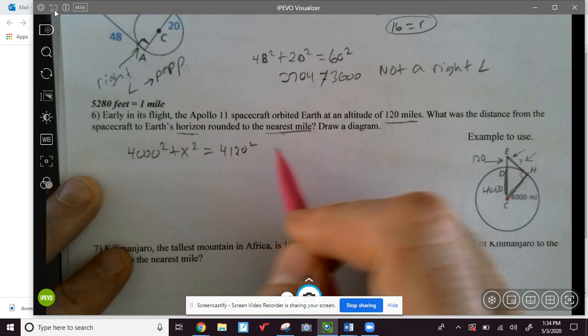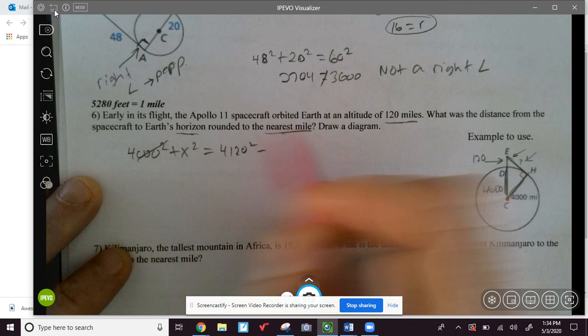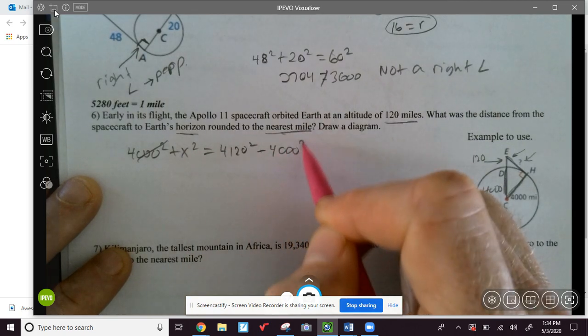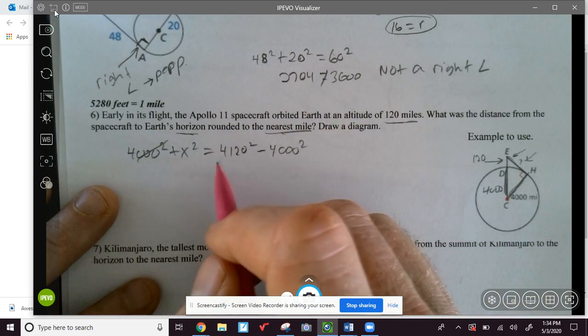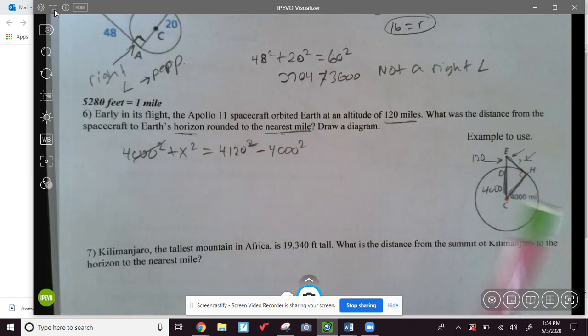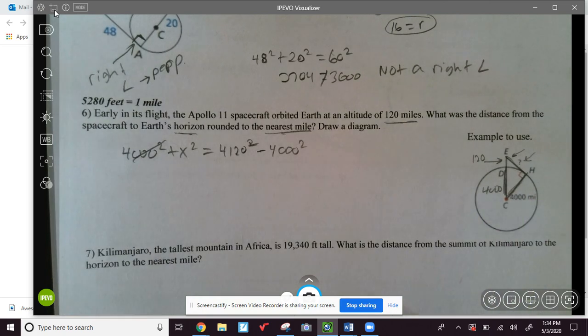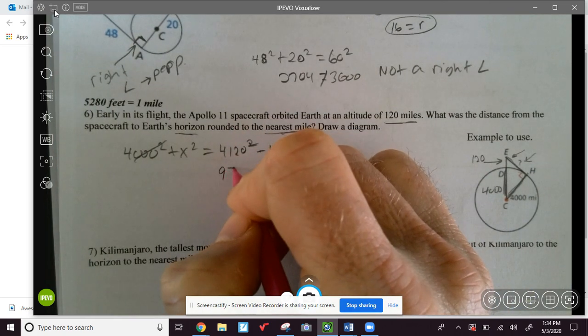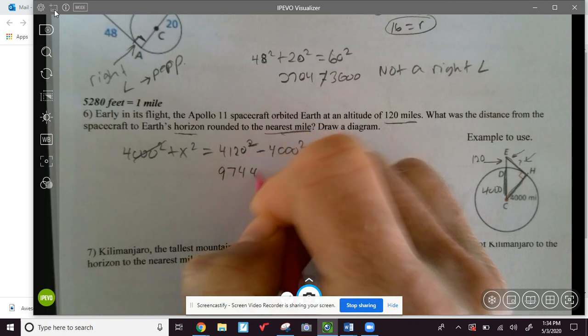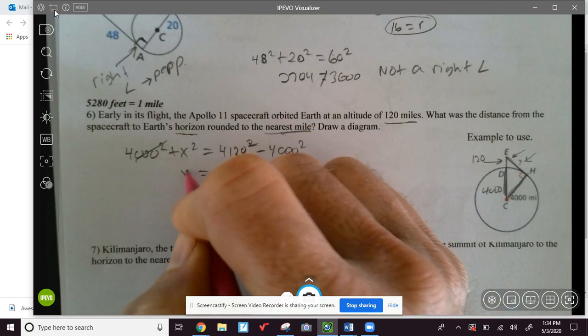Before I use my calculator, I want to subtract 4,000 squared from over there. If you have a good scientific calculator, it should be easy. 4,120 squared minus 4,000 squared, and we get 974,400 equals x squared.